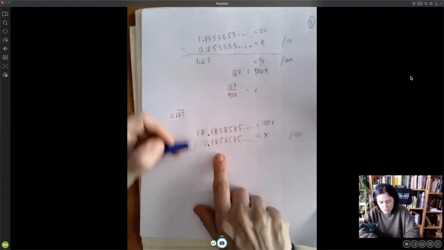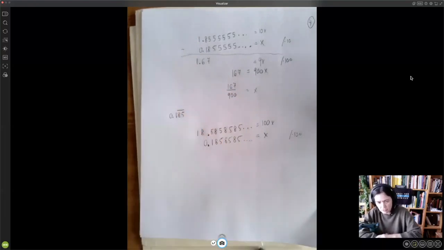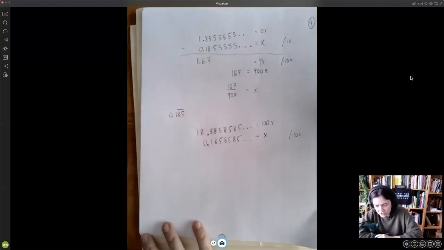And then make sure that you align them in such a way that you can subtract correctly with or without the calculator. But basically, this slick multiplication by a 10 power only works if you have identical digits above each other, so the subtraction will chop off that infinite tail.